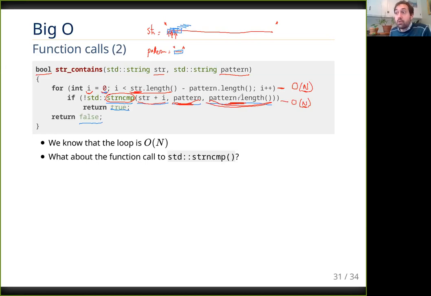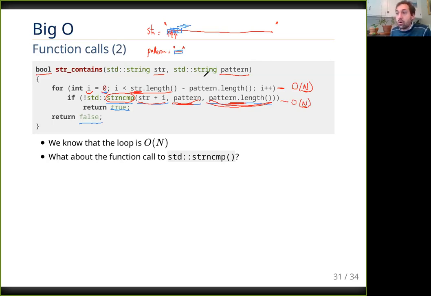It's very possible that the pattern is as long as the string or something like that. So as a matter of simplicity, we would just say, oh, it's O of n because it scanned through an entire string. And here it's also O of n because it scanned through an entire string.